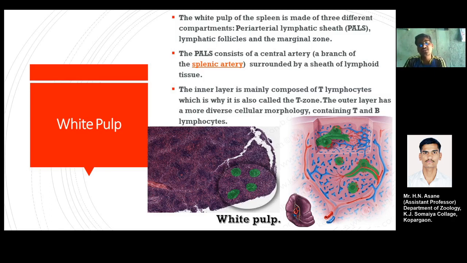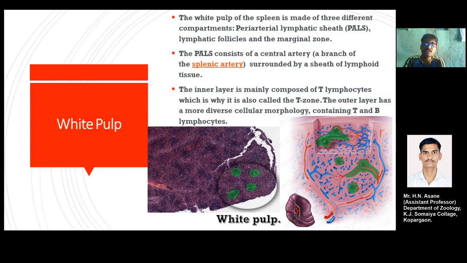As you can see in this transverse section of the spleen at the right corner, the pinkish structure, and the green highlighted structures are the white pulp. The inner layers have the T zone with the T lymphocytes, and the B lymphocyte cells are located over those surfaces.